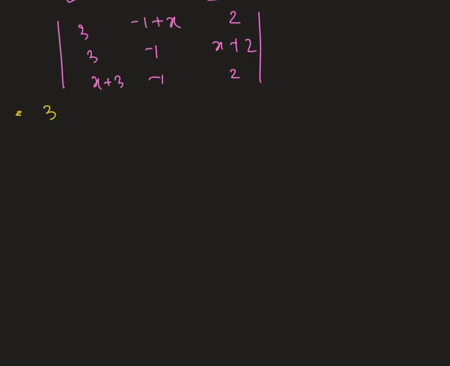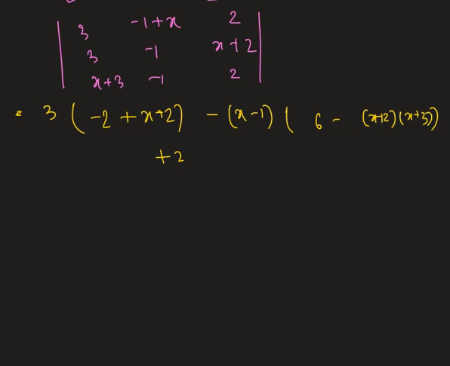The determinant is 3 times minus 2 minus of minus, that is plus, x plus 2, here we get minus of x minus 1 and 6 minus of x plus 2 multiplied by x plus 3, and in here we get minus 3 plus x plus 3.